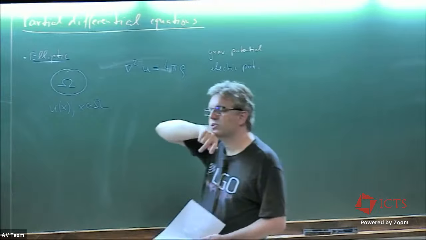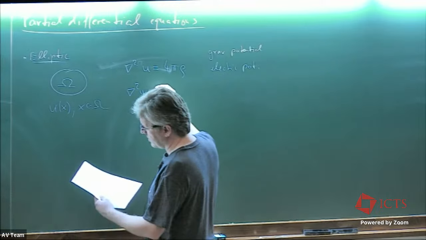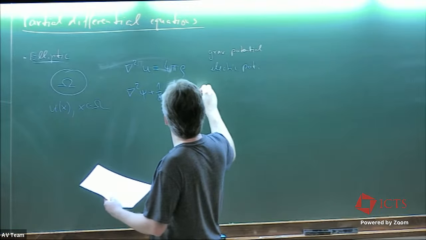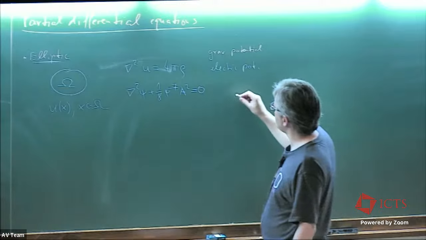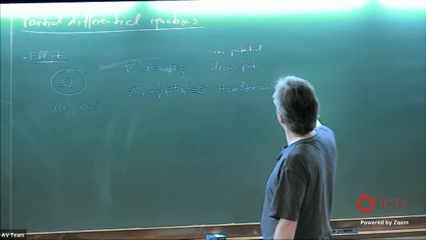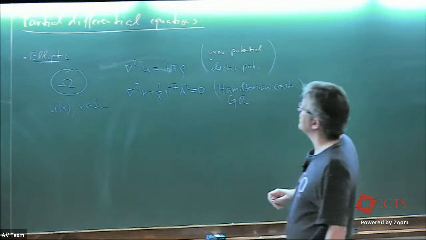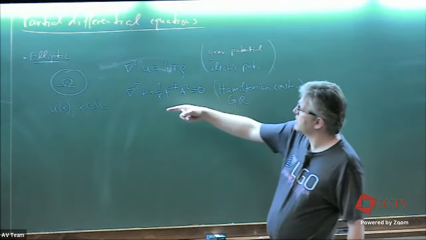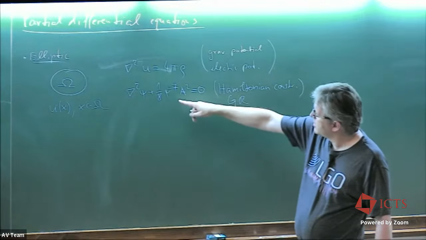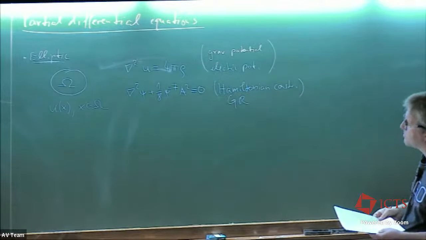Or another example that showed up last week in Thomas's course is the Hamiltonian constraint of GR, which in some simplified version can be written like this. And you can see elliptic equations can be linear, like the first one, where you only have a del squared u. They can be nonlinear. Here's a psi to the -7 next to the del squared psi. It's all pretty much the same.